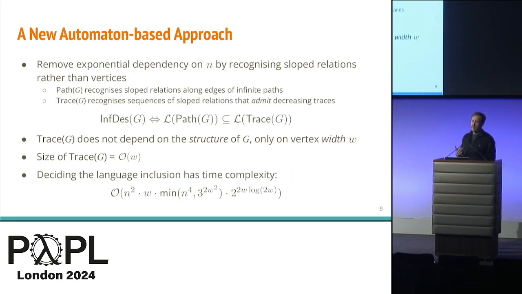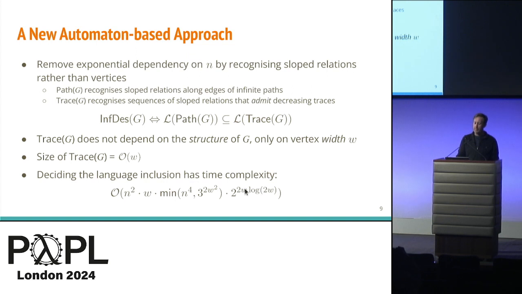A question is raised, can we come up with an automaton-based approach which mirrors this separation in the complexity between the two different parameters? And the answer is that we can, and we can do this by changing from constructing automata that recognize vertices in the graph to recognizing instead sloped relations.